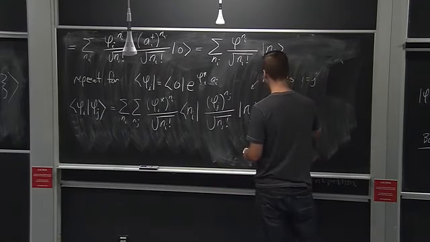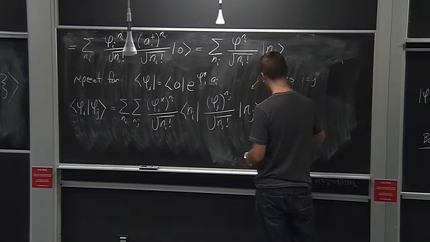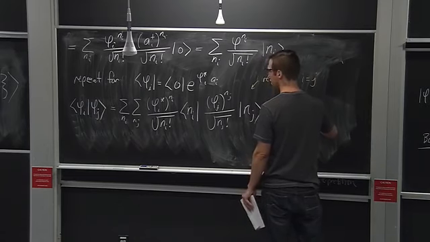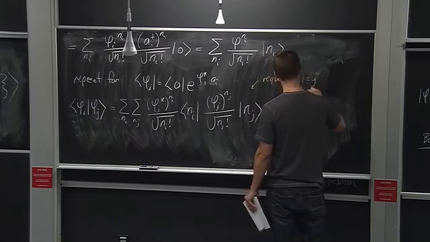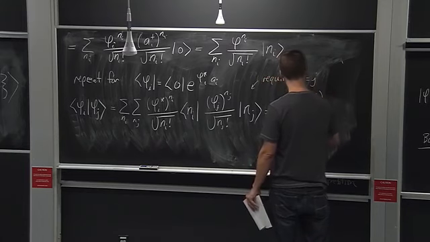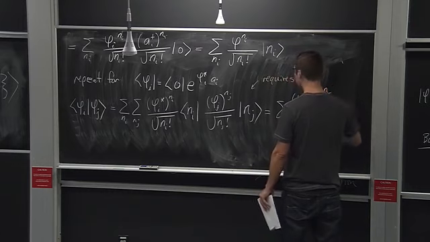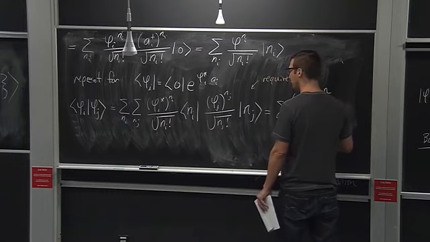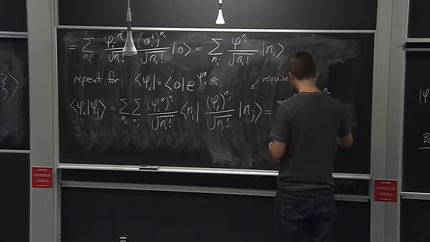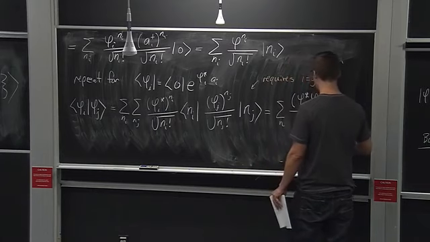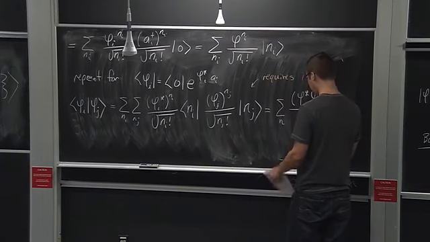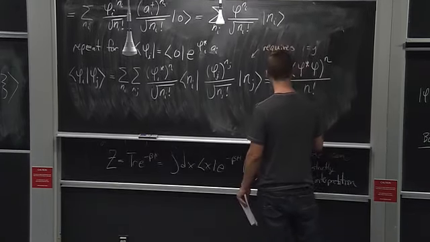So I only have one n. I can throw away the I and j labels, I guess. I'm going to have the state conjugate and itself raised to the power n, right? Then I'll have n factorial on the bottom. So I can just re-exponentiate this.